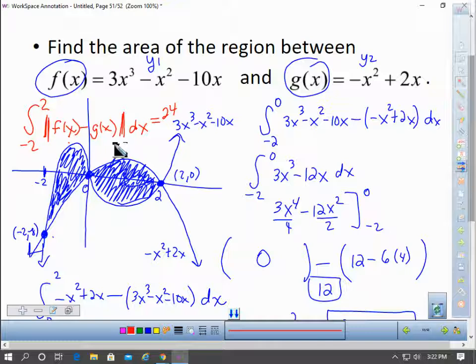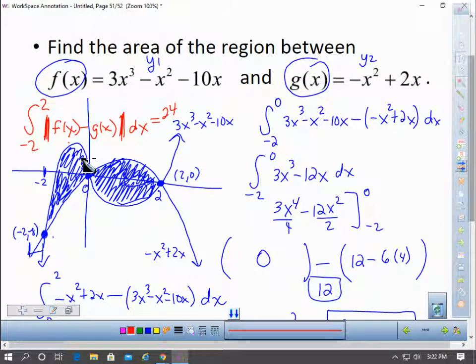All right. So that's the little trick, and that only works if you're allowed to use a calculator. If this was a non-calculator question, obviously you can't put in absolute value bars. You can only do the absolute value bars when you're using a calculator, because you can only do antiderivatives of these expressions, not the absolute value ones.